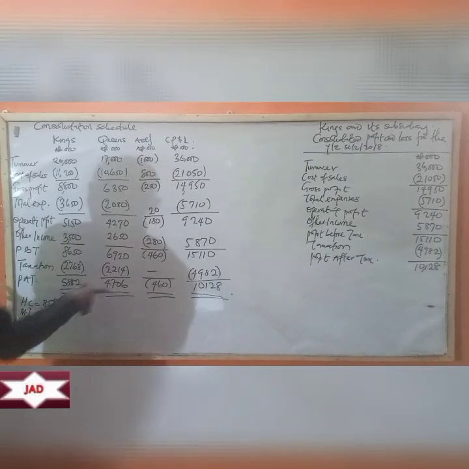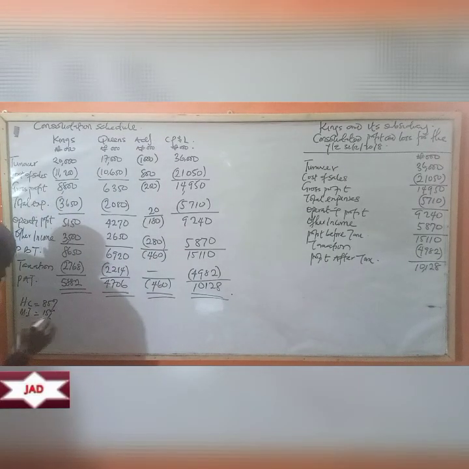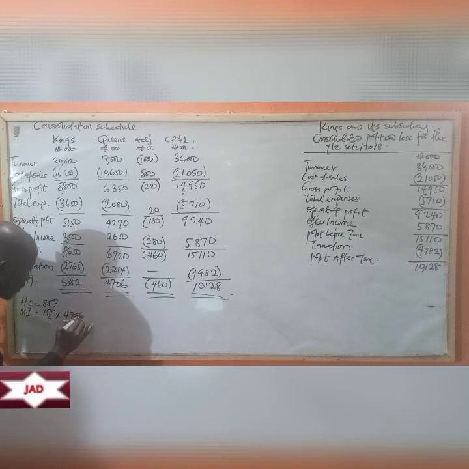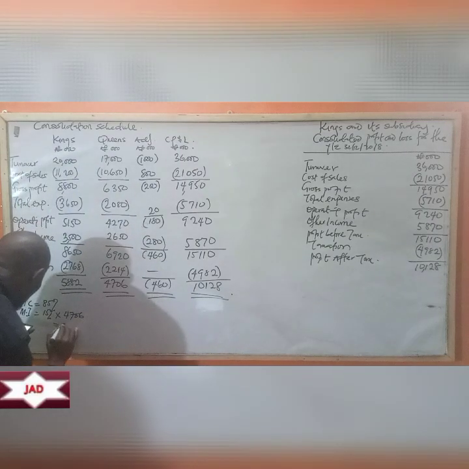So that will be this guy times 4706. Okay, so that will be what? 0.15 times 4706. We have 705.9.